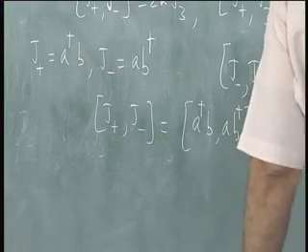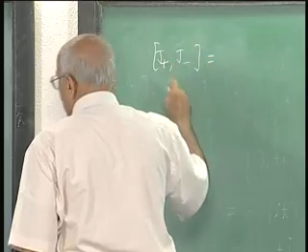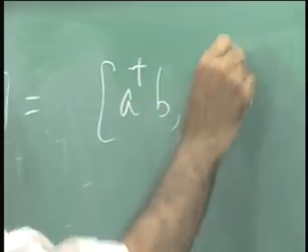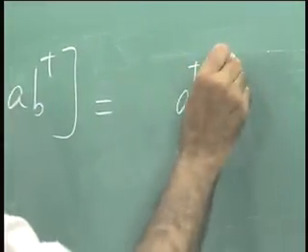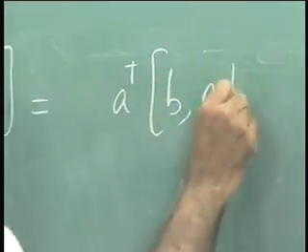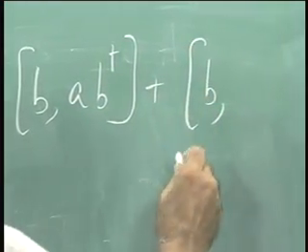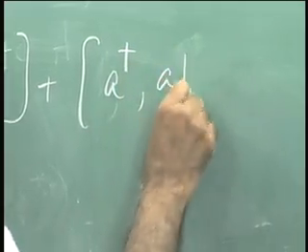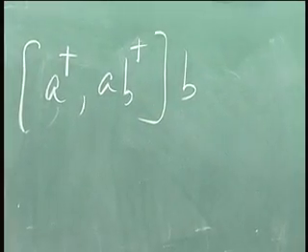So J plus with J minus equal to A dagger B with A B dagger equal to, there is going to be a lot of terms. So it is A dagger B with A B dagger plus A dagger with A B dagger, and then there is a B outside, that is my original rule.